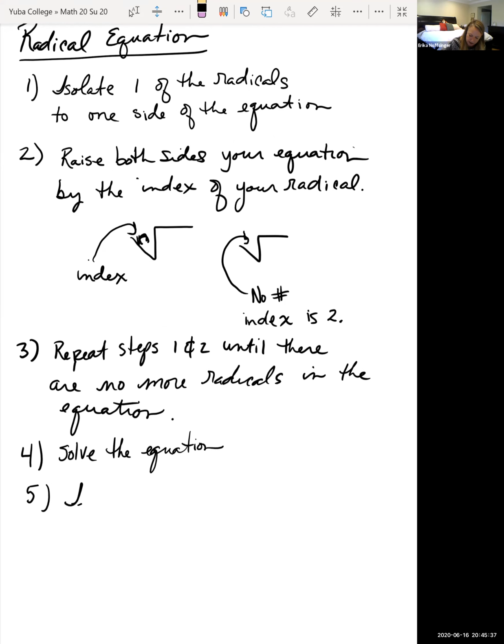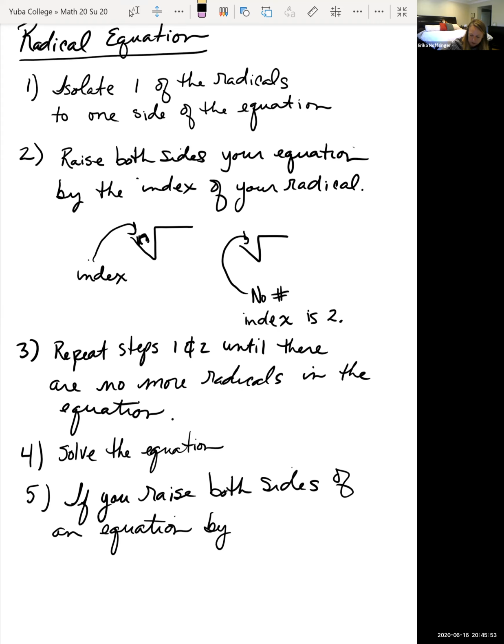So if you raise both sides of an equation by an even power, if it's odd, then as long as our work is right, all our answers would work. So if you raise both sides of an equation by an even power, you must check for extraneous solutions.